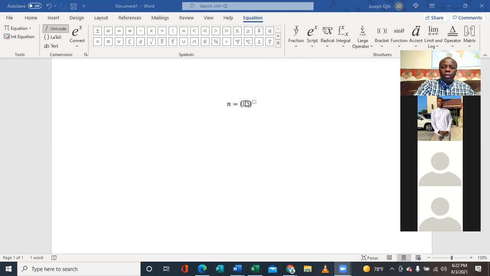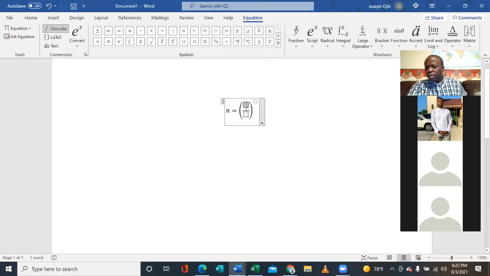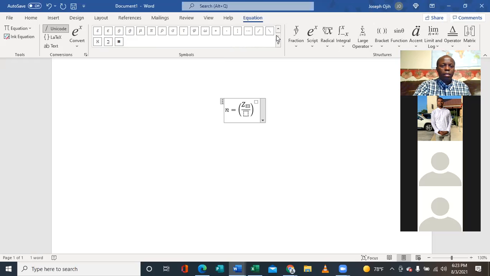So you're going to have z alpha over 2, that's the critical value, times the standard deviation, which is sigma, over the error, then squared.